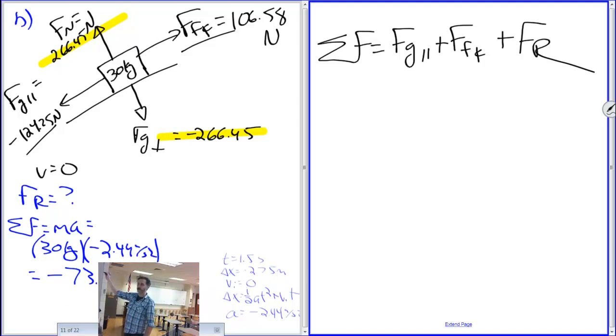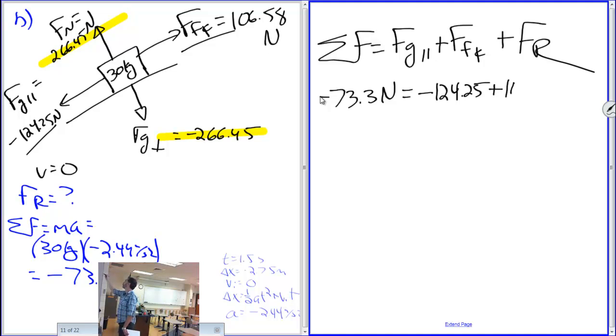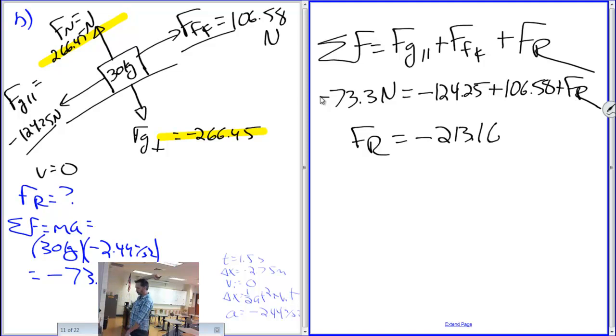My net force we decided needed to be negative 73.3 newtons. That has to equal Fg parallel, which is negative 124.25, plus friction, which is positive 106.58, plus the force of Roy. Solve for the force of Roy, and you get negative 213.16 newtons. There we go.